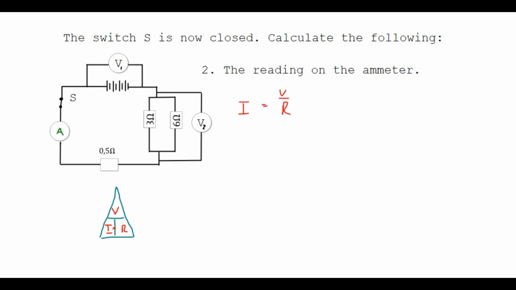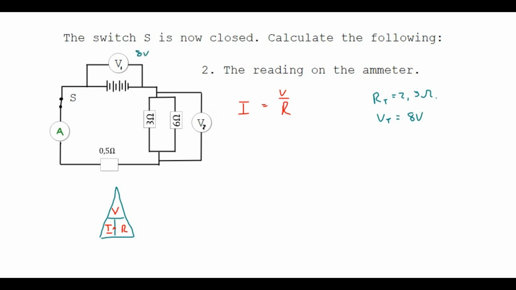Now, we just calculated R total in the previous question. R total was equal to 2.5 ohms. We know the total voltage on our battery, V total, is 8 volts. That was something we looked at earlier.